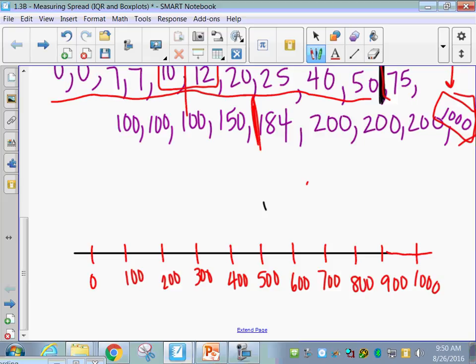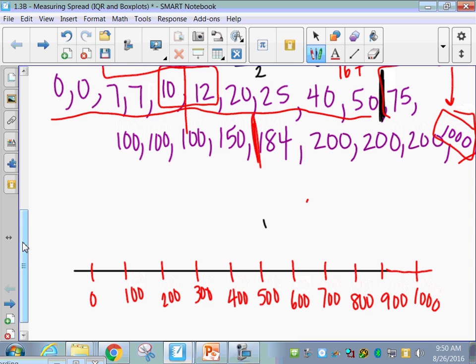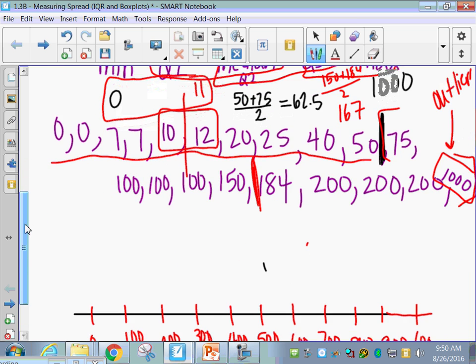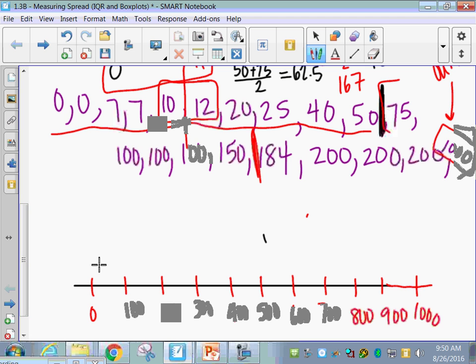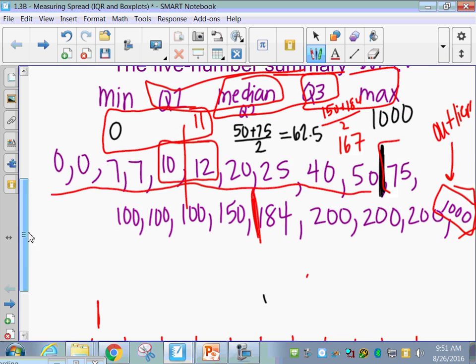The box is made up of Q1, Q2, and Q3. Then you go to your min and your max. Now, we have an outlier on this one, so our actual max is not going to be 1,000. We're going to put an asterisk for our outlier, and our max is only going to go to 200. Q1 is 11, so we put a line about where 11 would be.